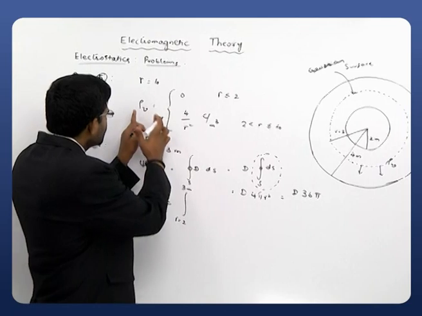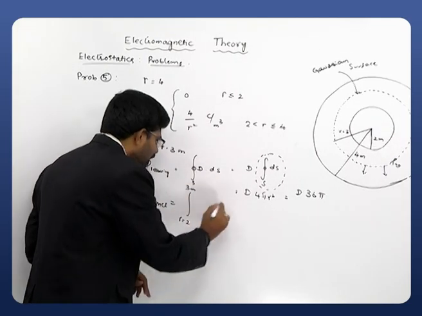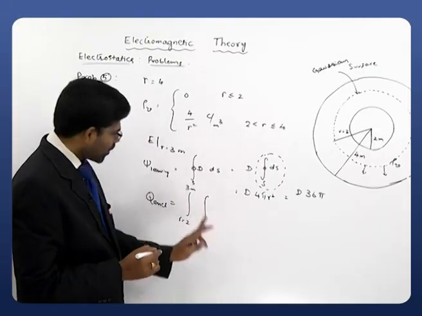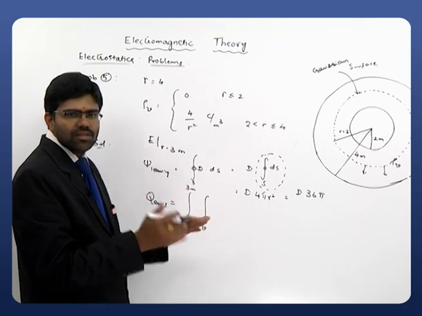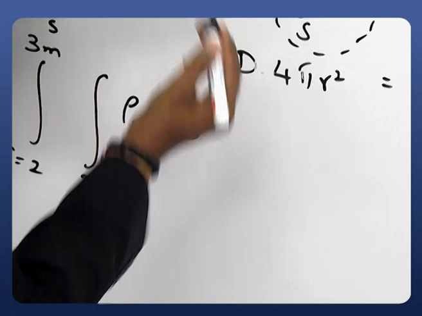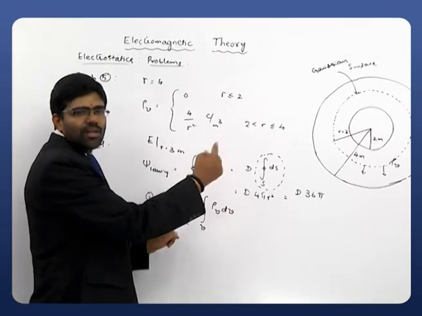Since it is a volume charge density, a volume integral will be there. So leaving the remaining two, for our convenience I will write it as the volume integral of rho v dv. This is not the notation, but for understanding I am writing like this. I wrote the limits of r only, and left the limits of the remaining two parameters.